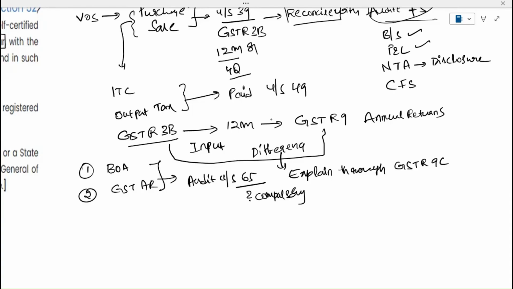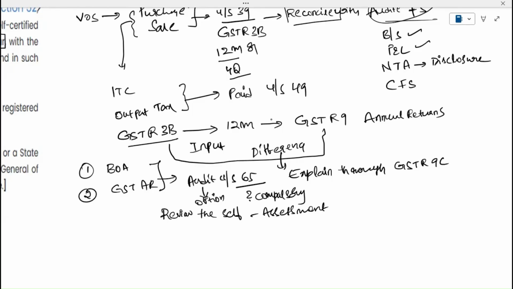The answer is to review the self-assessment. To review the self-assessment, audit under Section 65 is an option available to the GST officer.